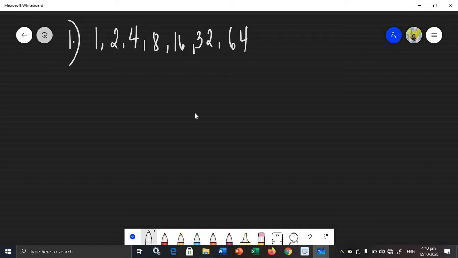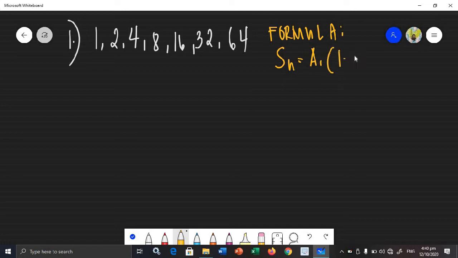And then, I'm going to rewrite the formula dito para alam natin agad. S sub n is equal to a sub 1 times the quantity 1 minus r raised to n all over 1 minus r. Yan yung formula na gagamitin natin.